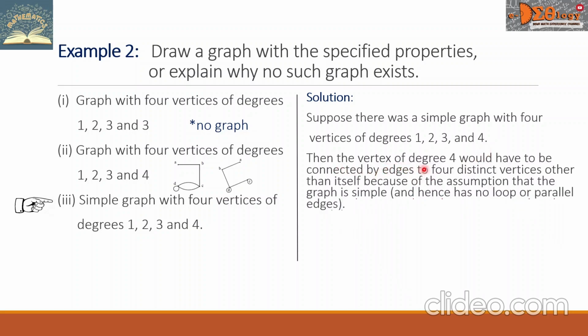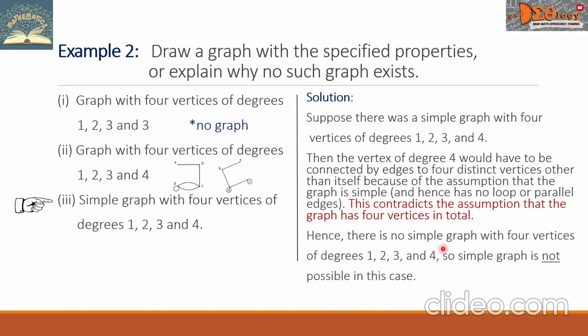Then the vertex of degree 4 would have to be connected by edges to 4 distinct vertices other than itself, because of the assumption that the graph is simple, meaning there must be no loop nor parallel edges. This contradicts the assumption that the graph has 4 vertices in total.